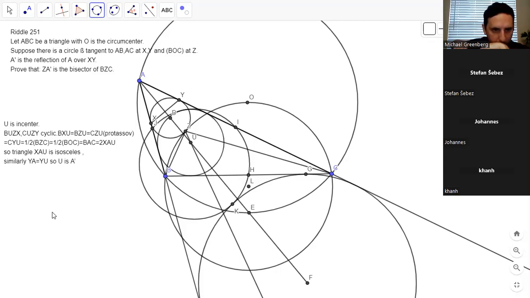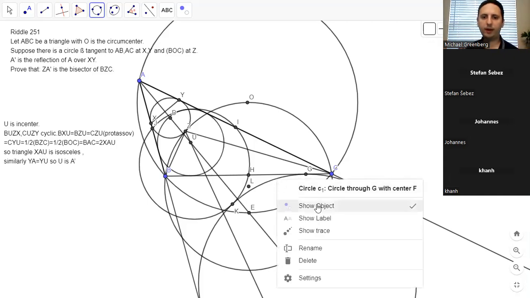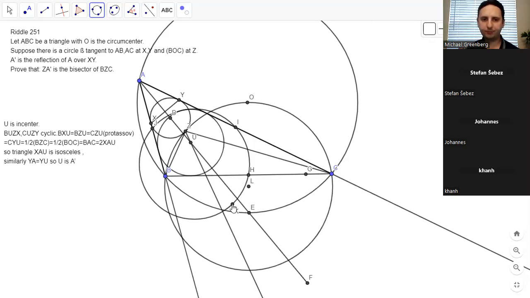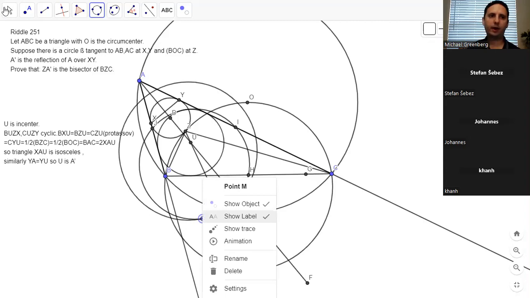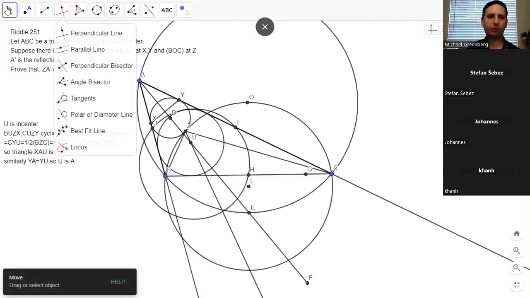But the fact that BUZX and CUZY are cyclic, you have to prove it using Thibault's theorem, I think. It's not that easy. So we really didn't need to construct the X circle. Drawing it helped get the exact point Z, but it just helped to draw the diagram, it's not actually used in the proof, right?